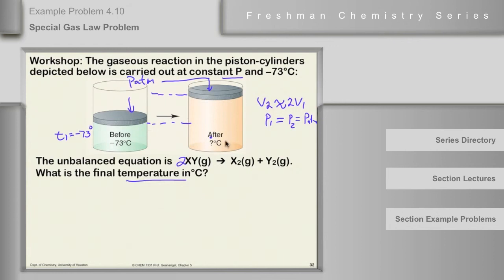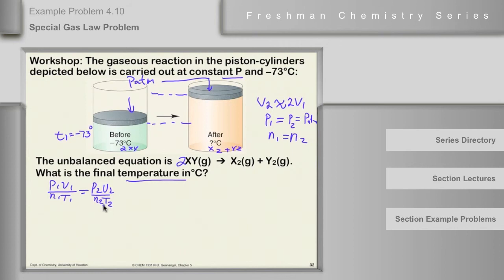And the number of moles doesn't change because this is 2 XY, 2 moles, and this is X2 plus Y2, which is 2 moles as well. So N1 equals N2 in this process. So P1 V1 over N1 T1 is equal to P2 V2 over N2 T2.